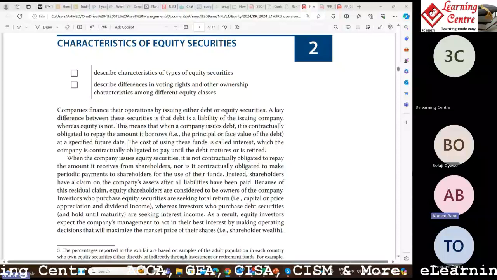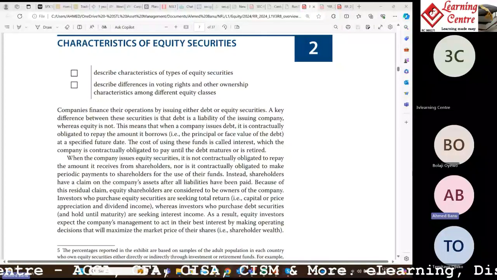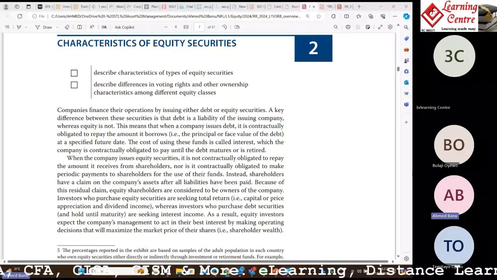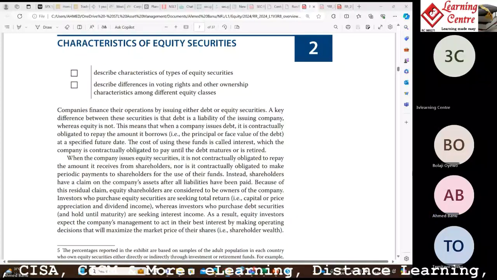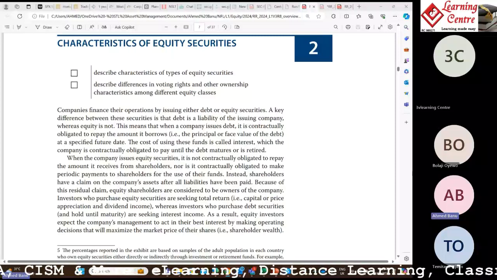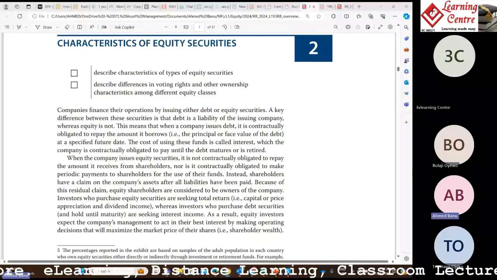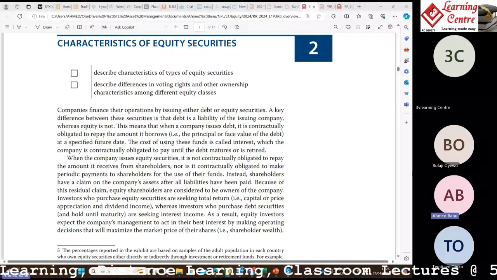But what is equity? First thing first, for equity, there's no defined period, meaning that you can own the company forever. Two, there's no contractual obligation on the company to pay you returns, which is dividends. So you can see the difference.